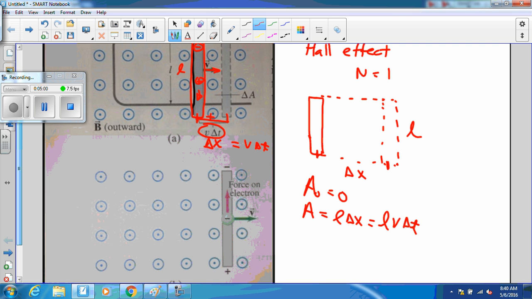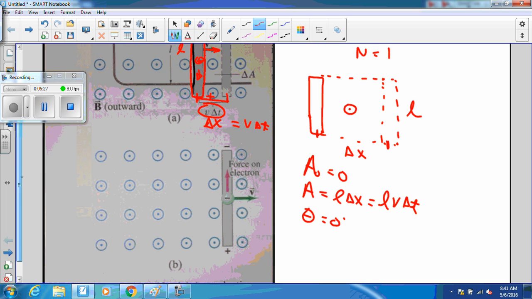And because I'm sweeping the bar through the magnetic field right here, my area vector will be pointing straight out of the board. And the magnetic field is also pointing straight out of the board, with the result that the angle between those two is 0.